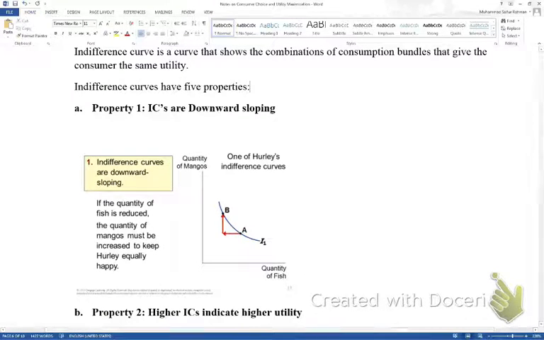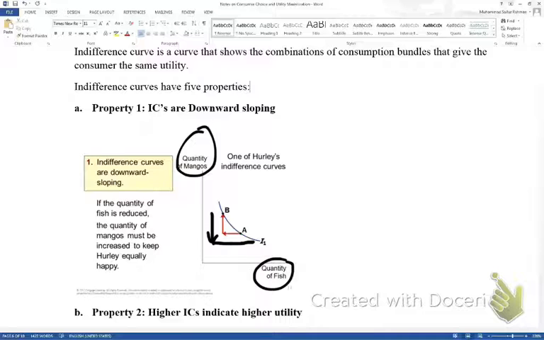So this is a two-dimensional diagram where you have mangoes on the vertical axis, an arbitrary good, and you have fish on the horizontal axis, another arbitrary good. When an indifference curve is downward sloping, it means that if you give up buying some mango, in order to be on the same utility level you have to buy some more fish.